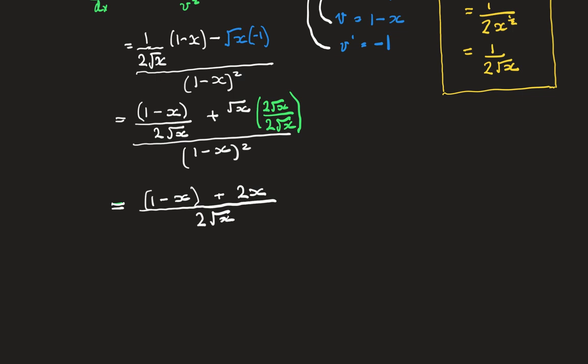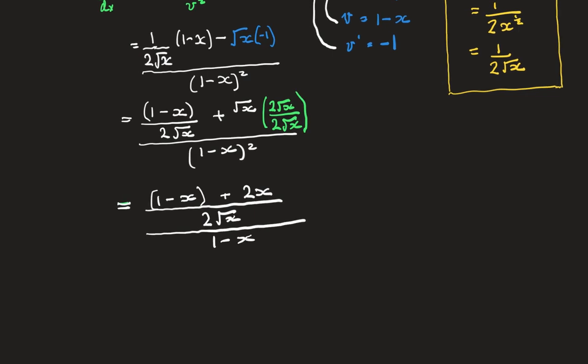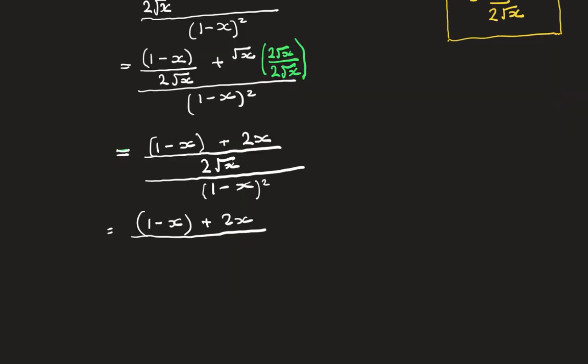And I also have underneath this part 1 minus x. Right, how do I deal with this? I can rewrite this simply by saying 1 minus x plus 2x over 2 root x, and I can fit that 1 minus x in here.